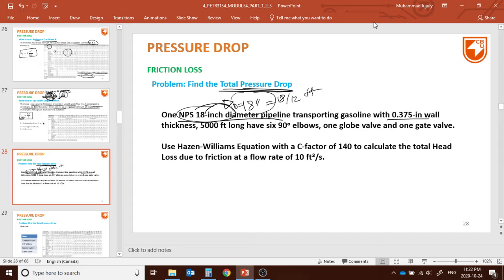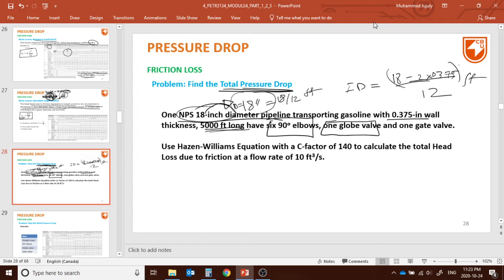How can we determine the internal diameter? ID would be 18 minus 2 times 0.375, total in inches, divided by 12. So this would be the internal diameter. It is 5,000 feet long, and it has 6 elbows, 1 globe valve, and 1 gate valve.